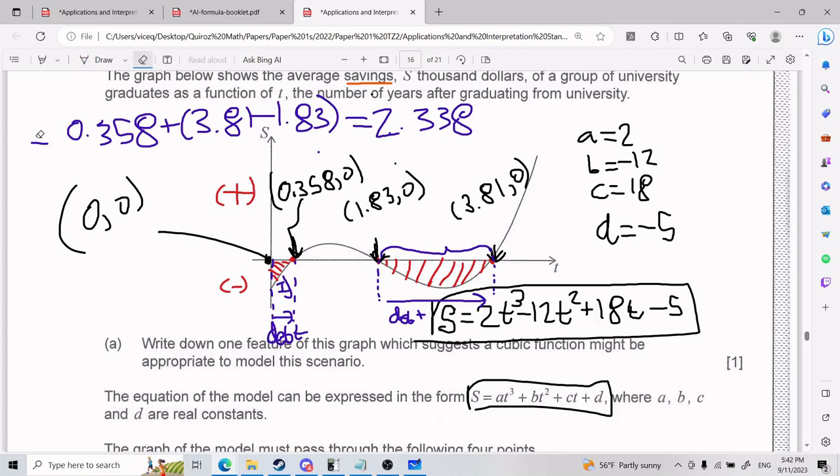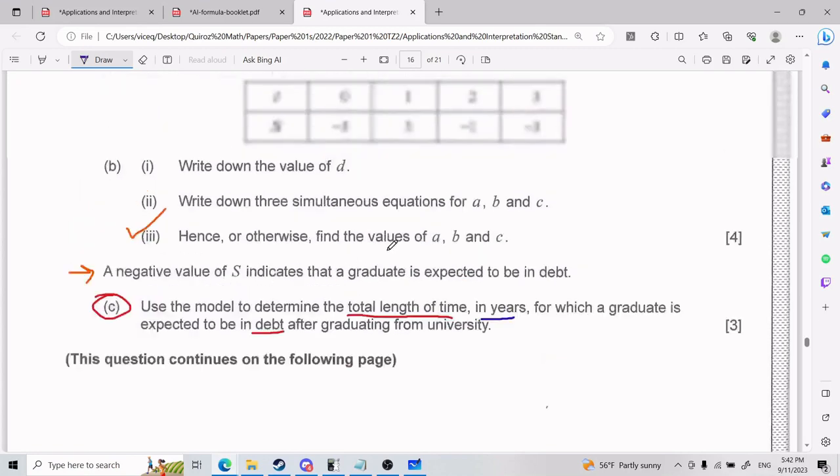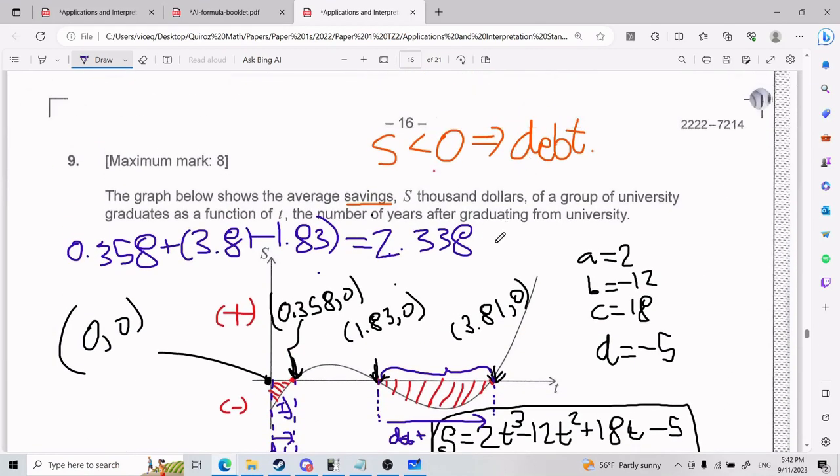So basically, for this last part, using the model to determine the total length of time in years for which credit is expected to be in debt, it is just around 2.338 years. All right, so that is for number 9.